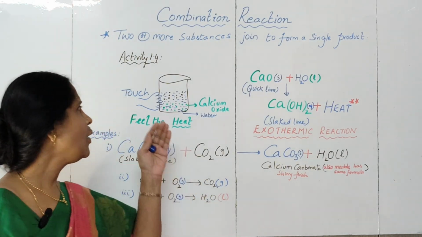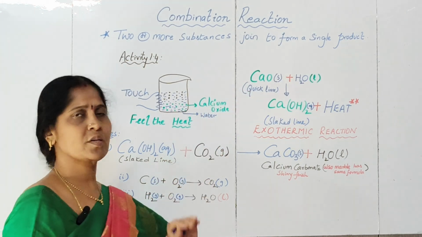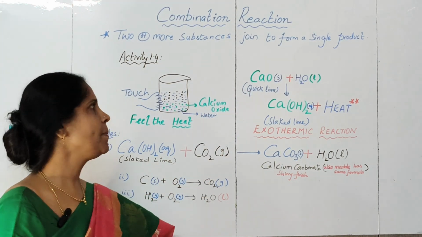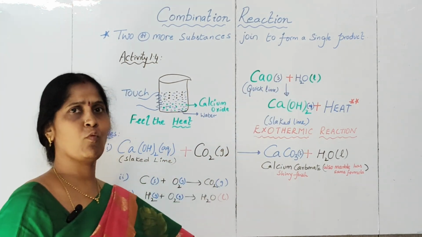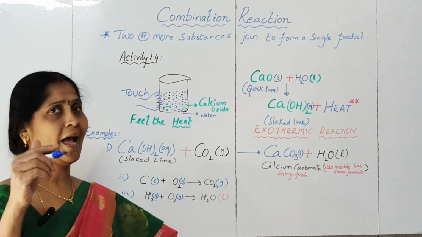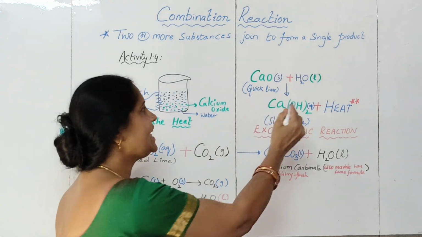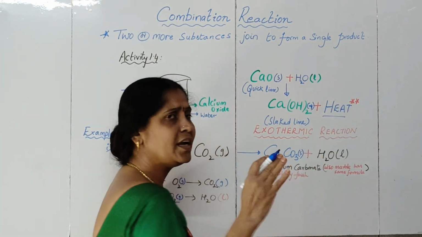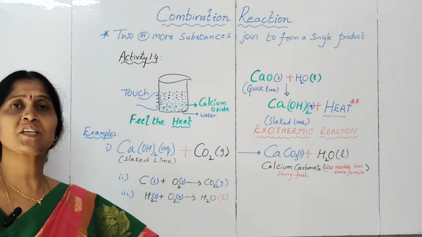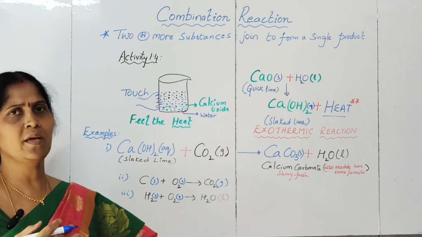What is happening in this reaction is that calcium oxide, also called quicklime, combines with water and forms calcium hydroxide. Calcium hydroxide is also called slaked lime, and a lot of heat is getting released. The reactions in which heat is getting released are called exothermic reactions.